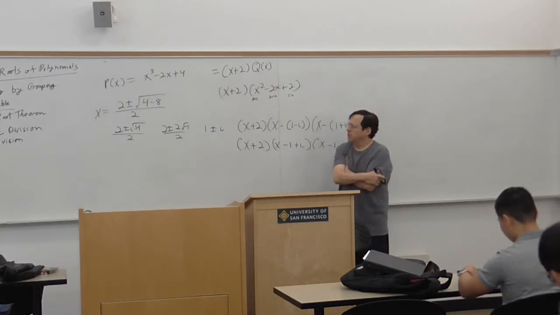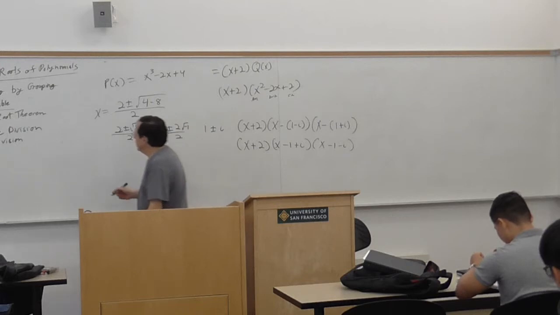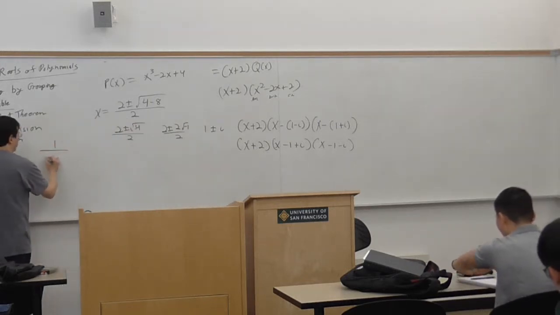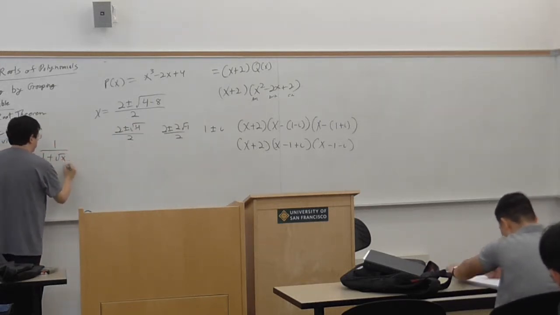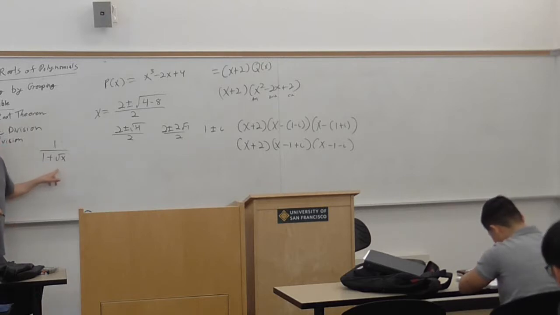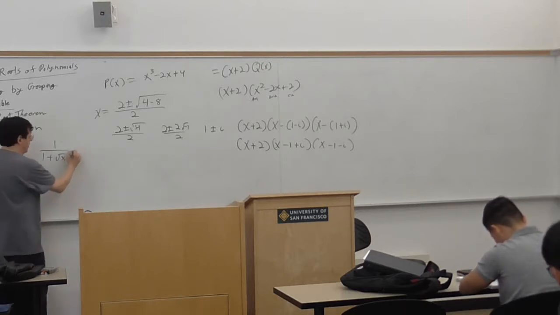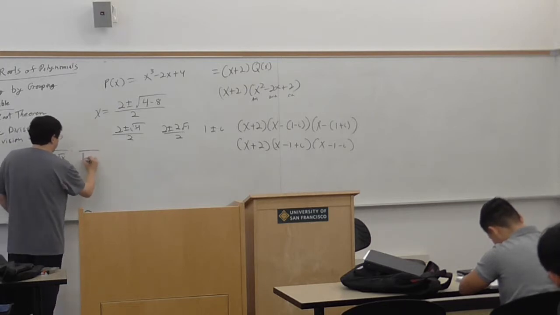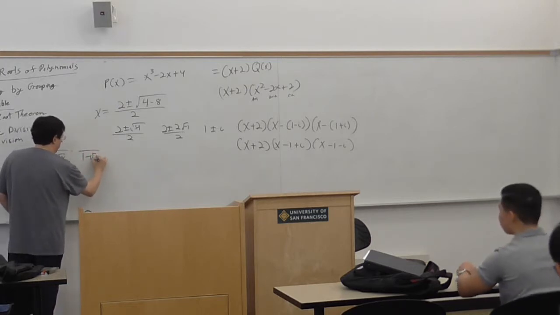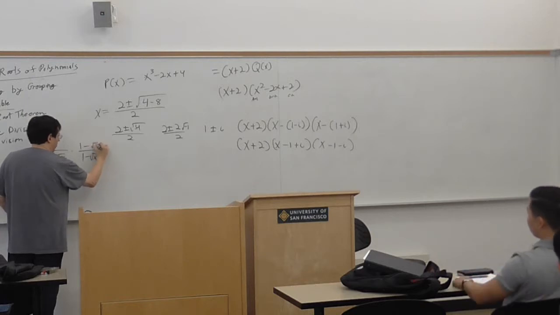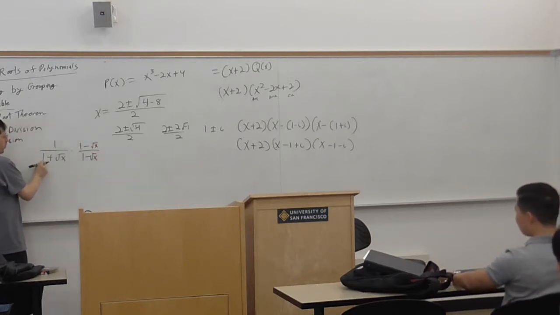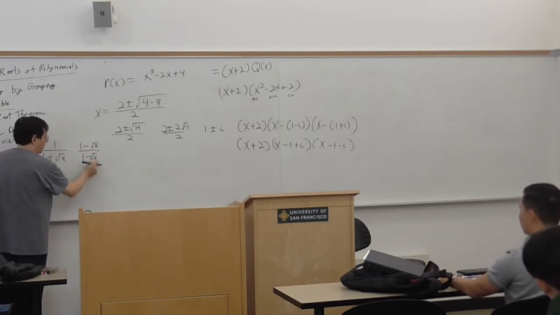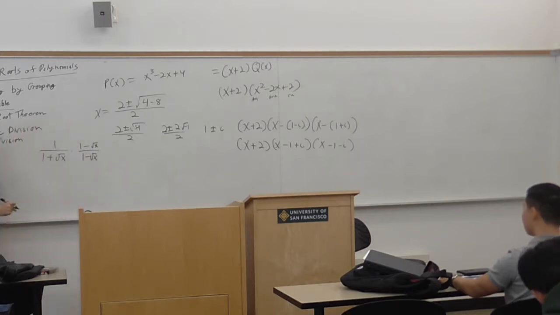A little. If you have something like 1 plus the square root of x and you want to get the square root out of the denominator, you multiply by something called the conjugate, 1 minus the square root of x. Then you get 1 squared minus the square root of x squared, which is 1 minus x.